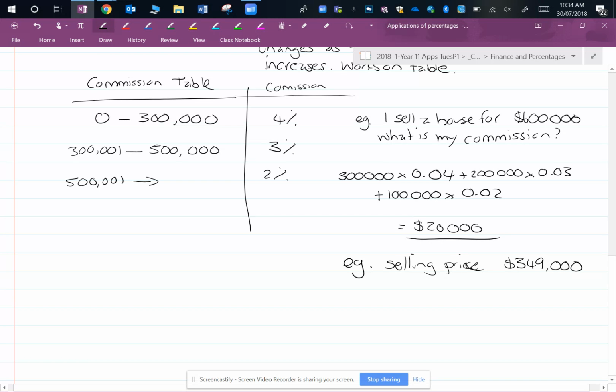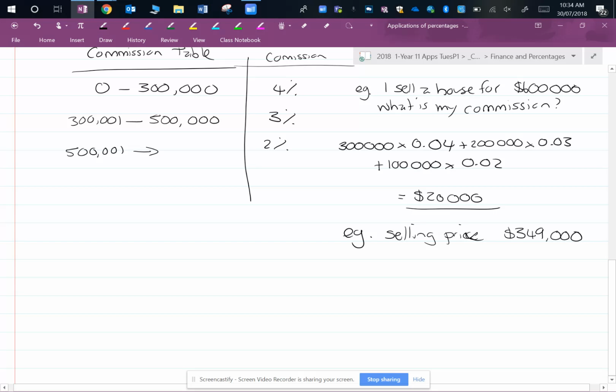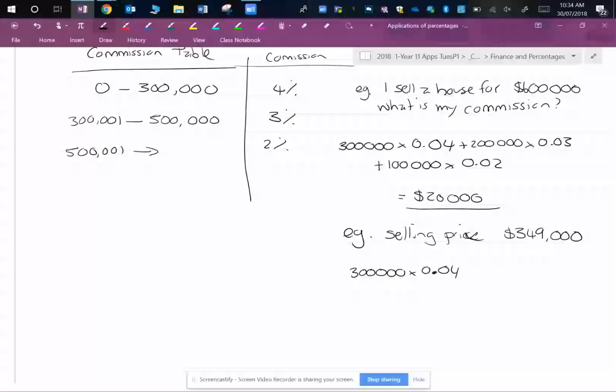How would I work out my profit from that? 300,000 times 0.04. Most people can get that bit. It's the last bit here. What do we do? 49,000 times by? Perfect. Sorry, that's a plus, not a times. How much?